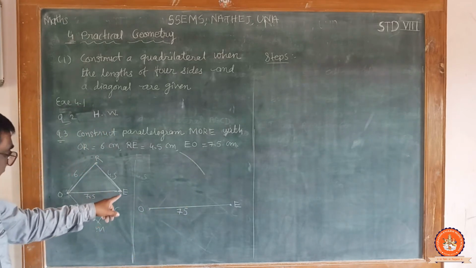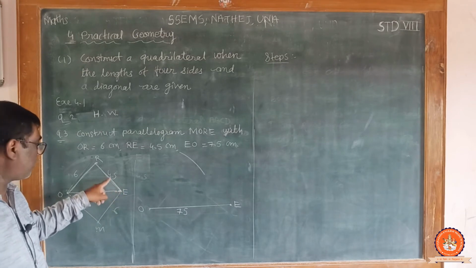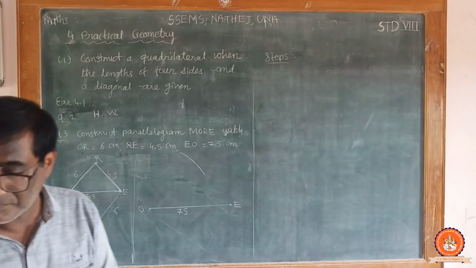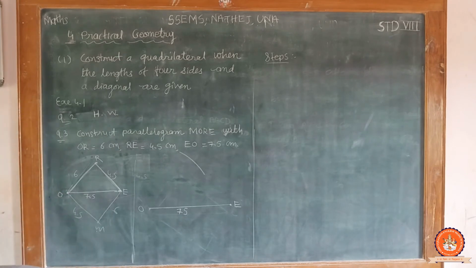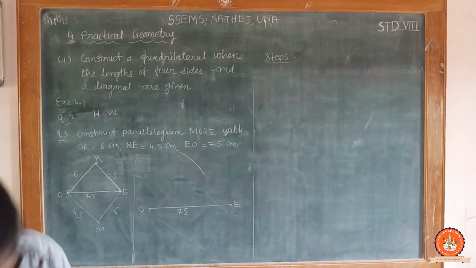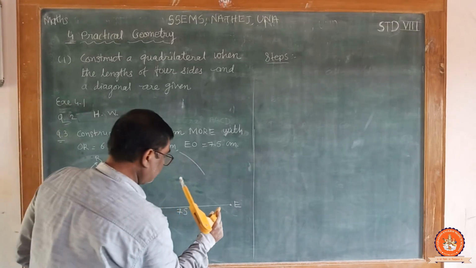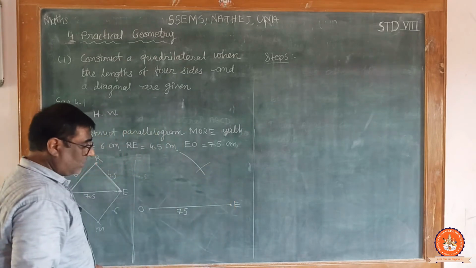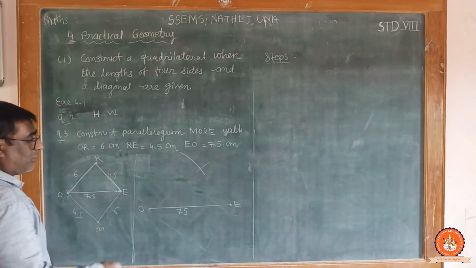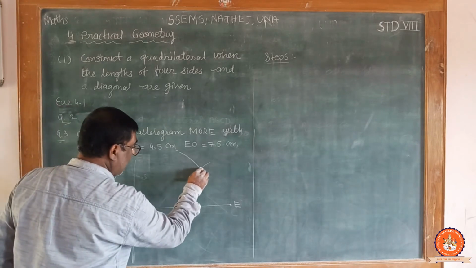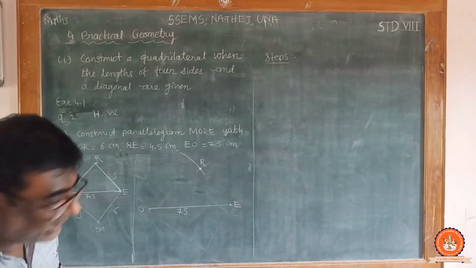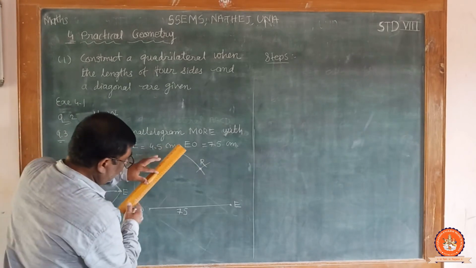And now taking E as a center and radius 4.5 centimeter, we will draw another arc. This point of intersection is R.